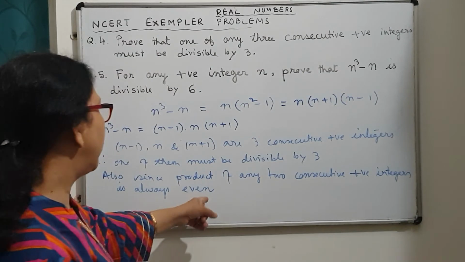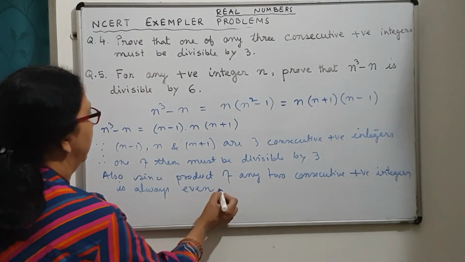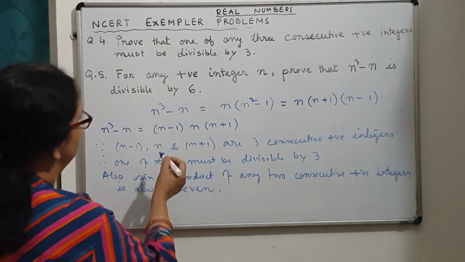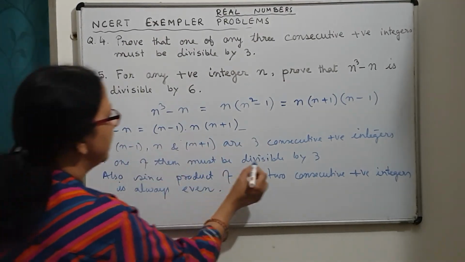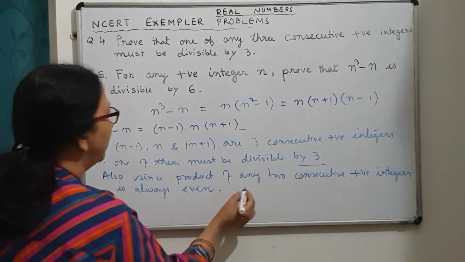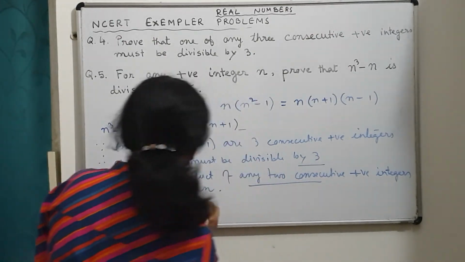That's why that product will always be even. So because all are consecutive, out of these three one is divisible by 3 and the product of any two is even.